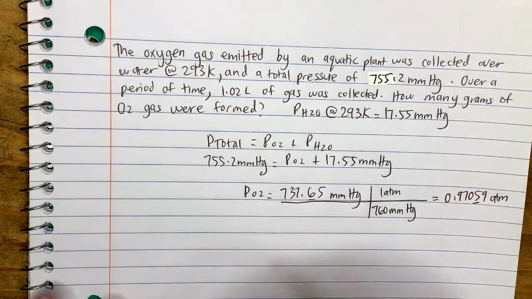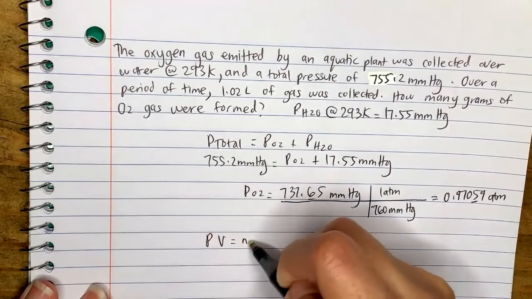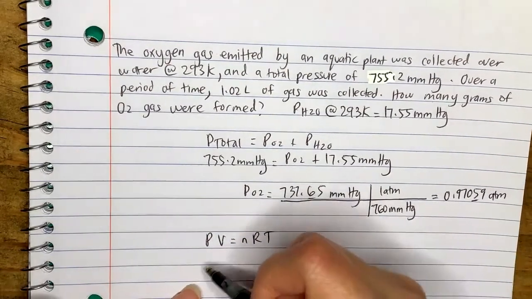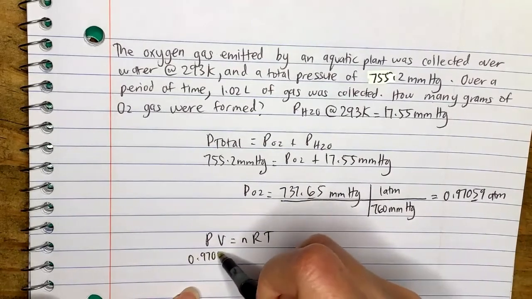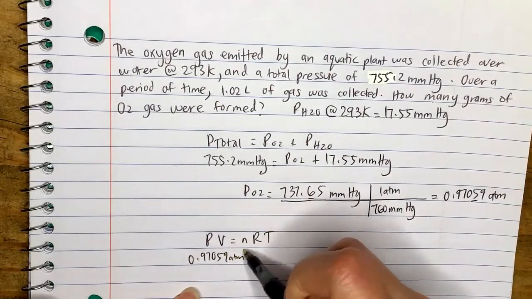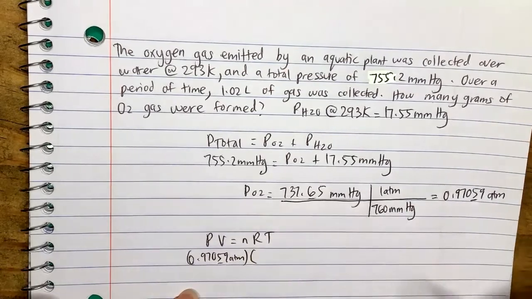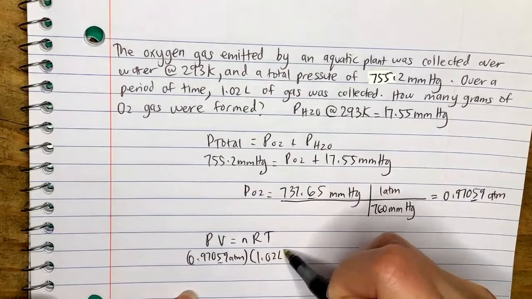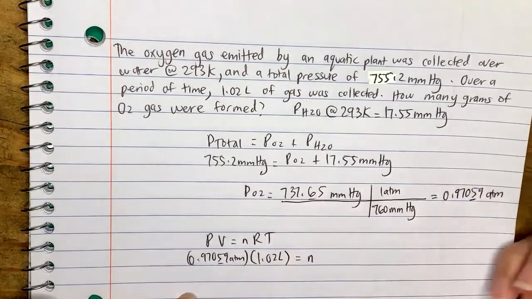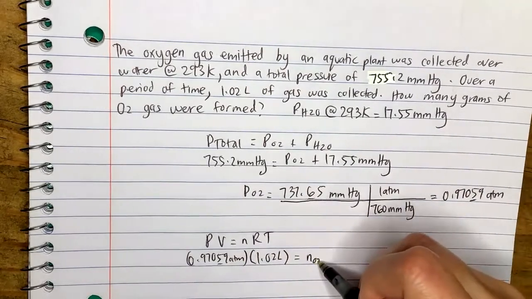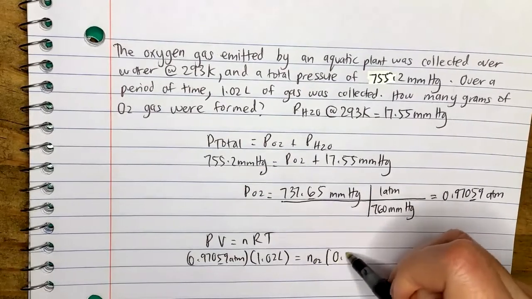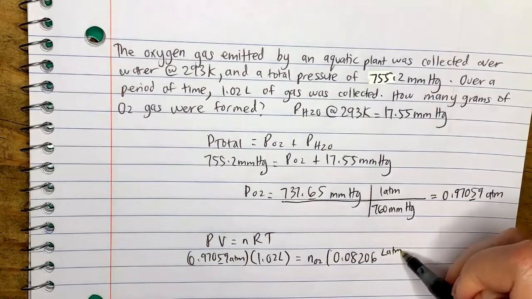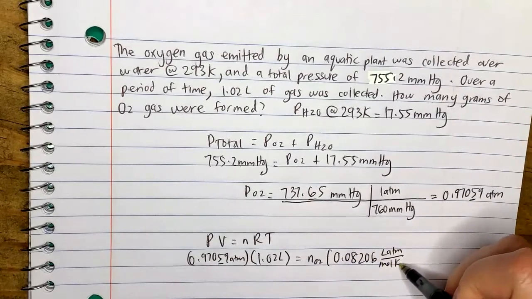Now we use the ideal gas law, PV equals nRT, all for oxygen. Oxygen's pressure is 0.97059 atm. Volume of oxygen was given: 1.02 liters. n is what we're looking for, n of O2. R is 0.08206 liter atm per mole Kelvin.